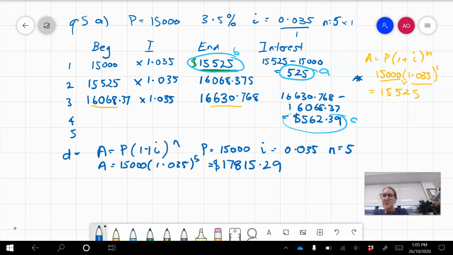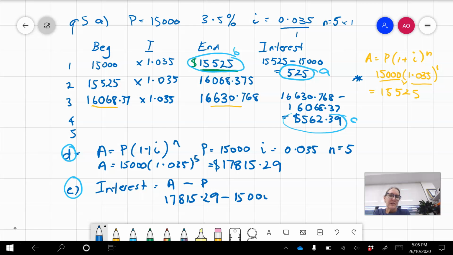So the amount of interest, E, earned on the loan in total, so here is D and here is E, the actual interest earned across the whole loan is the amount for the whole loan minus the principal. So the total amount here is 17,815.29 minus the 15,000 they invested to start with, which gives us $2,815.29. Okay, hope that helps.